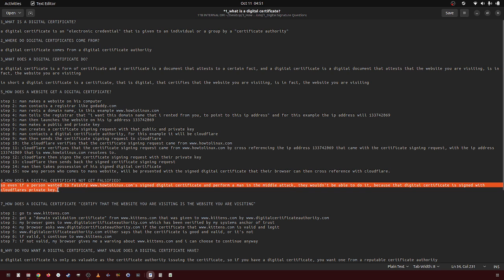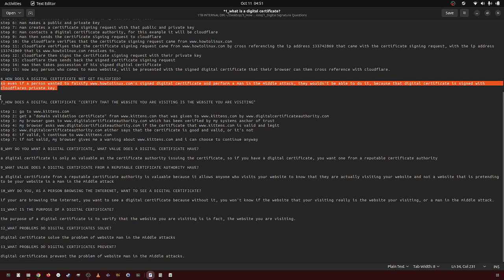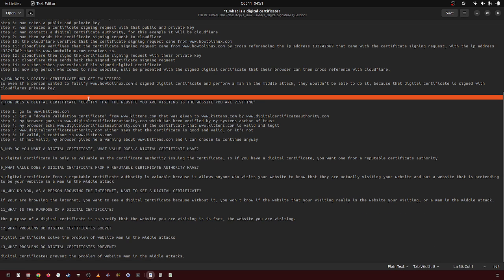So even if somebody tried to do a man-in-the-middle attack with www.howtolinux.com, they would have to present a signed digital certificate, which they wouldn't have. They would either have to hack the website How to Linux, hack man's computer, or hack Cloudflare's computer, because they don't have that signed digital certificate.